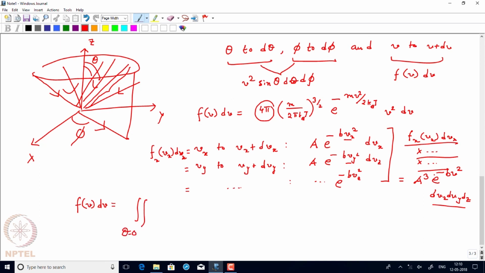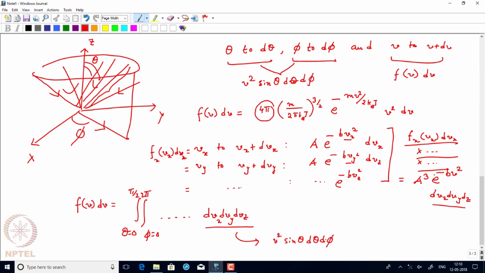We take theta from 0 to pi by 2, phi from 0 to pi, and integrate this function into dvx dvy dvz, and instead of dvx dvy dvz we use the spherical polar volume, which is v square sine theta d theta d phi.